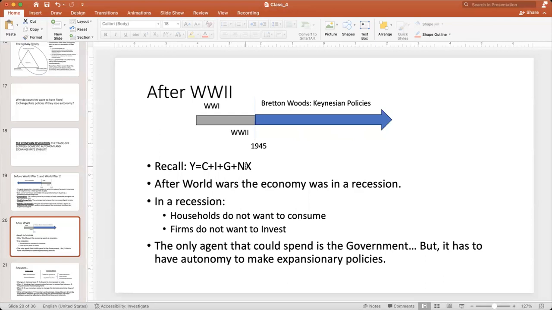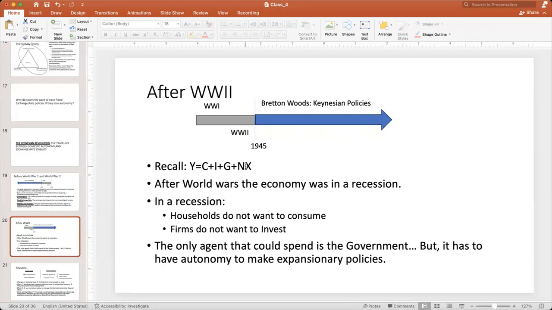However, after wars, the economy was in recession. And in a recession, the problem is that households don't want to consume. They are unemployed. And if they have savings, they are not willing to spend their savings because they are not getting jobs. So they postpone their consumption.